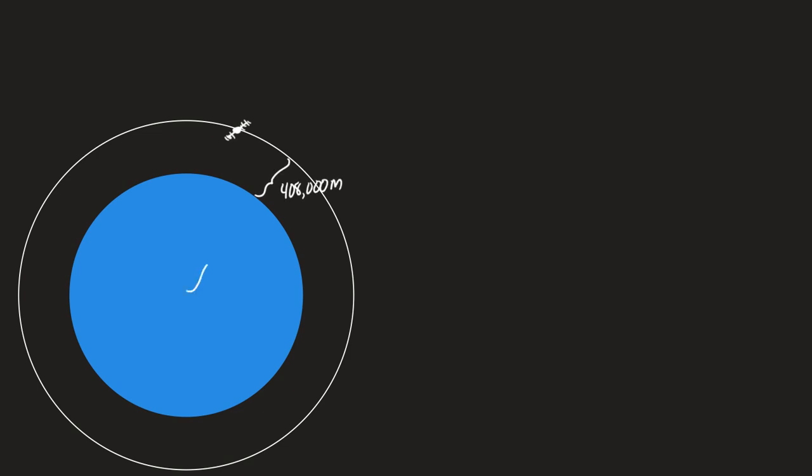But this distance is 6.37 times 10 to the 6 meters. This means that our separation distance from here to the space station, r, has to be the sum of 6.37 times 10 to the 6th plus 4.08 times 10 to the 5th. That's our separation distance.